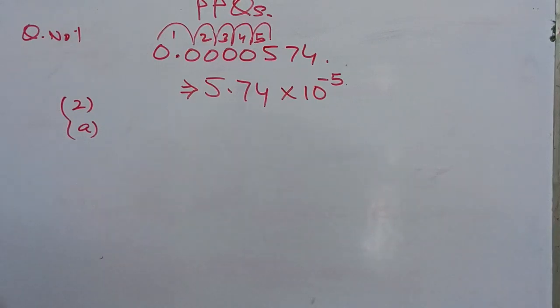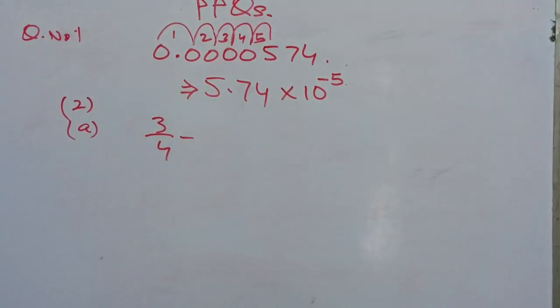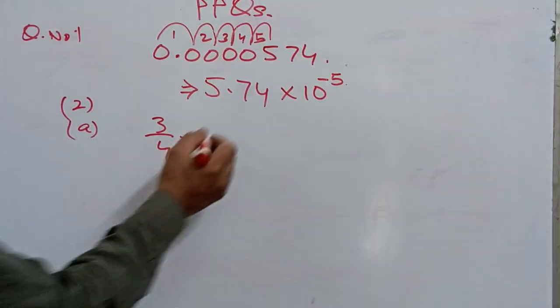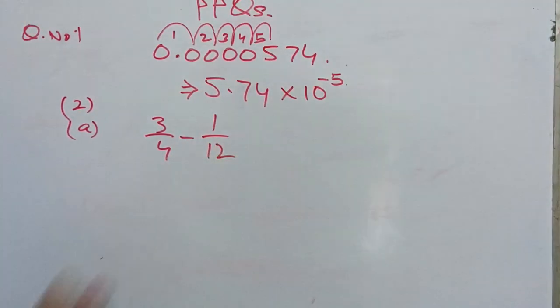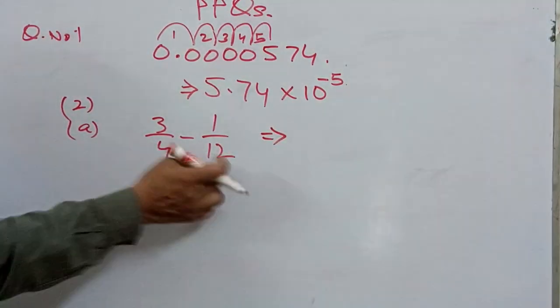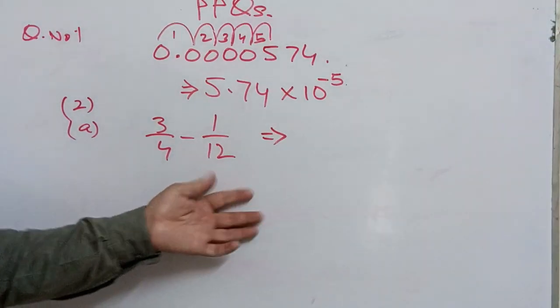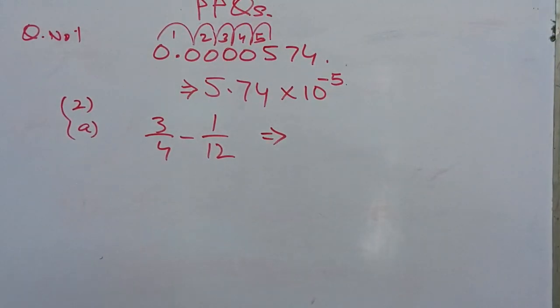3 by 4 minus 1 by 12. Give your answer in its lowest terms. Okay, it is very easy, nothing to be afraid of. I told you that when there is a larger number in two fractions, that is your LCM.